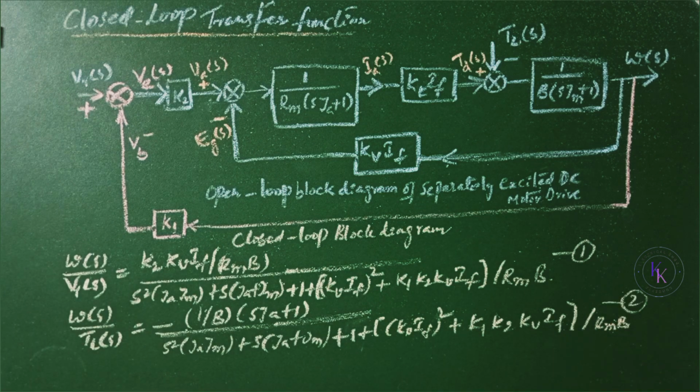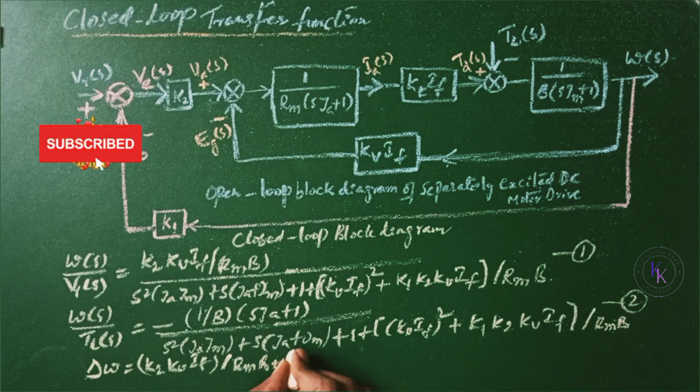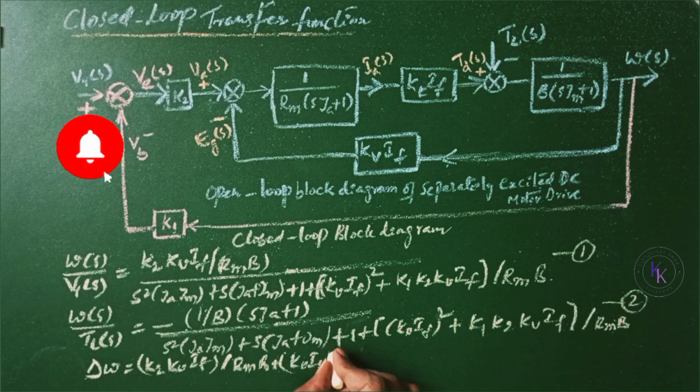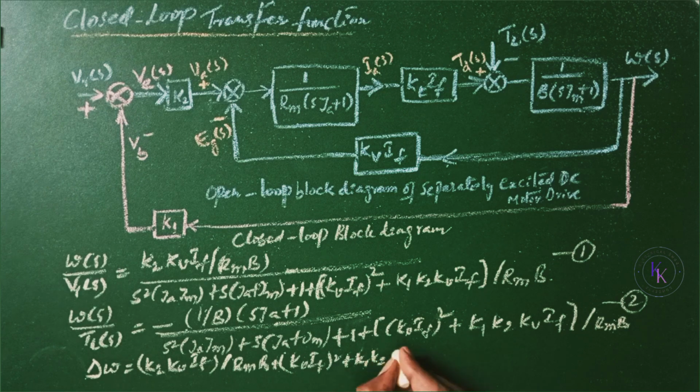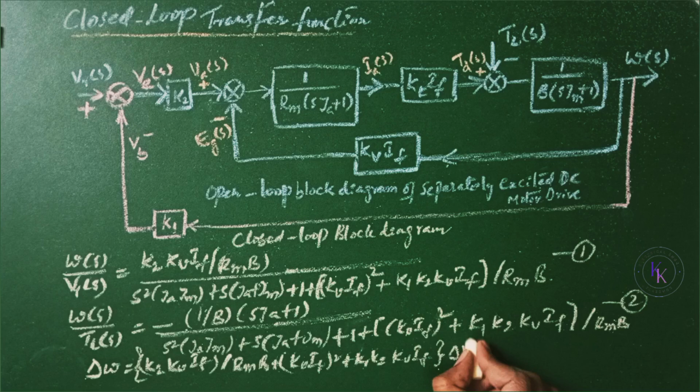Now, by using the final value theorem, the steady state change in the speed, delta omega, due to the step change in the control voltage delta VR and the step change in the load torque delta TL can be found respectively by substituting S equal to 0 in the above equations. Then this will become delta omega equals K2 kV IF divided by Rm B plus (kV IF) whole square plus K1 K2 kV IF, the whole thing multiplied by delta VR.